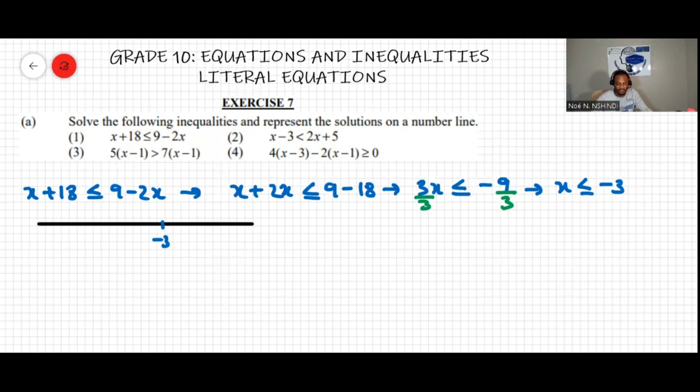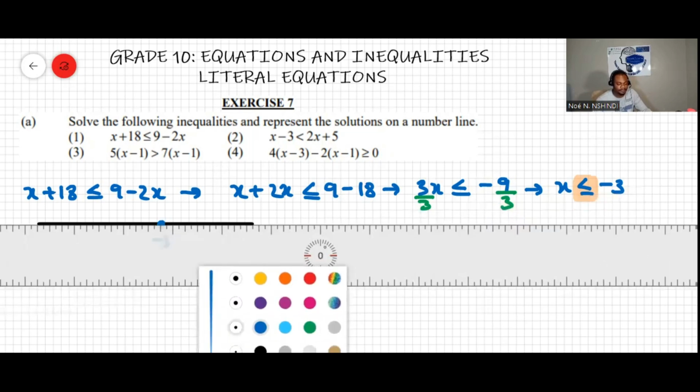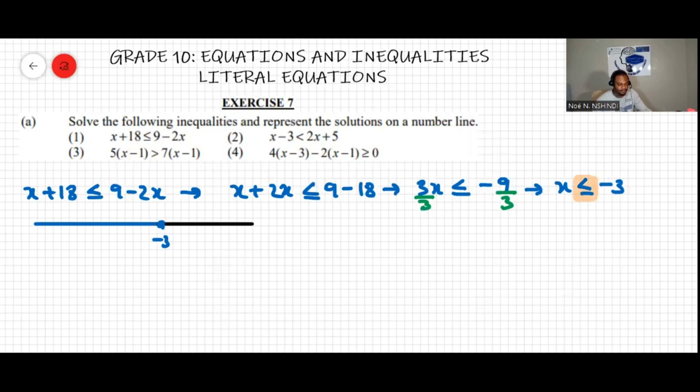Now, because the symbol is less than or equal, this means that over here we must have a bold circle or a closed circle. And then we can just draw, also this is lesser than that, so it goes this way. Okay. So the solution is all these parts. Okay. The part in blue.